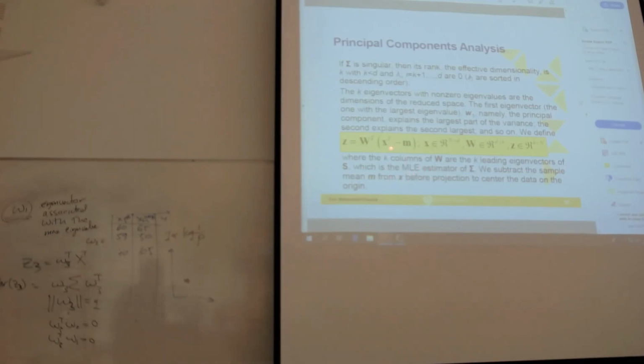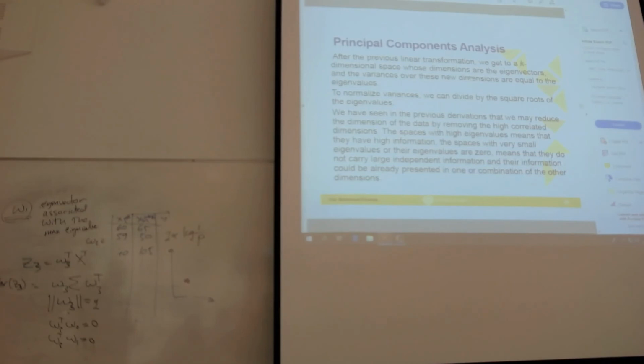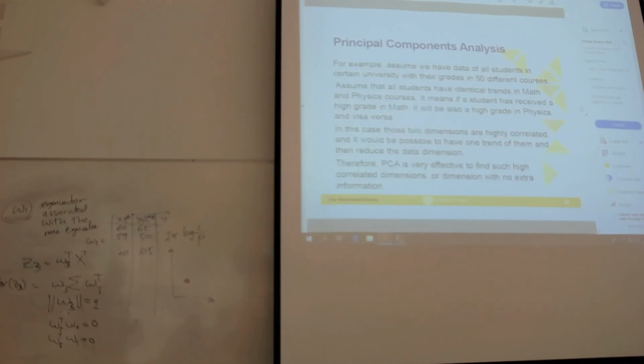And here we just subtract the mean, because we assume the data is zero mean. But if you leave it, it works as well, because in the covariance we assume it is zero mean. Okay, that's all.